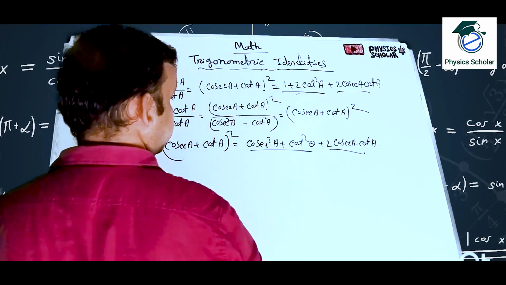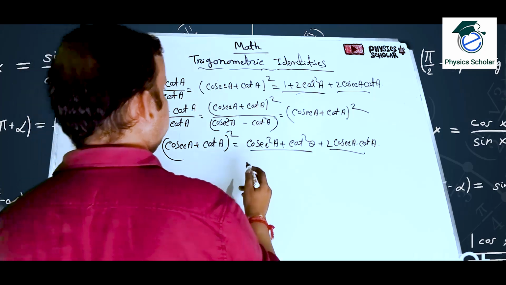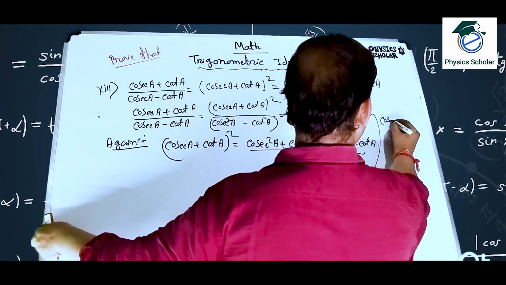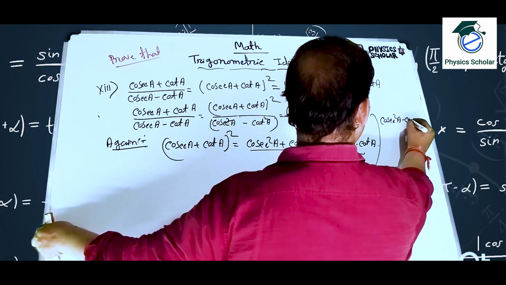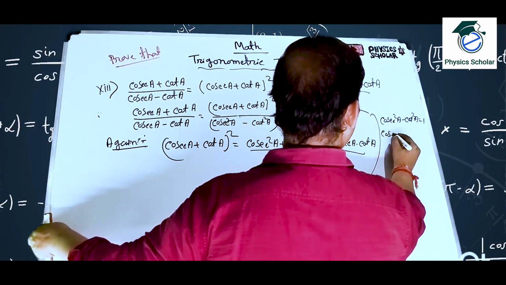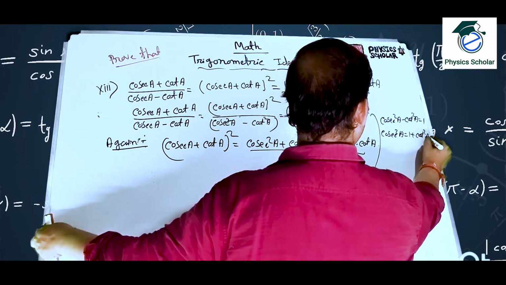Clear from here? So no cosec is there. So what do we know the formula? Cosec square A minus cot square A is equal to 1. So cosec square A is equal to 1 plus cot square A. Clear?